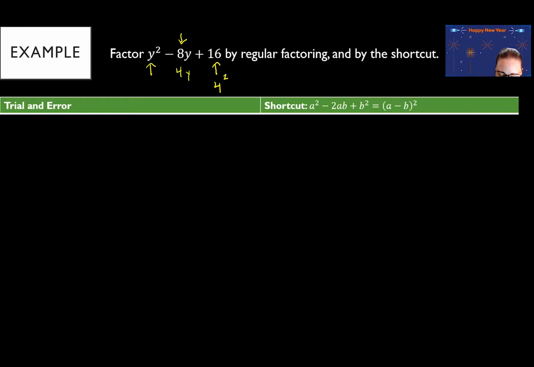Is that the result of taking the square roots multiplied? So I have y squared and 4 squared. Y times 4 gives me 4y. And that's what makes it a perfect square trinomial: if you identify what is squared on the first and the last, and you multiply it together and then double it, that gives you the middle term.